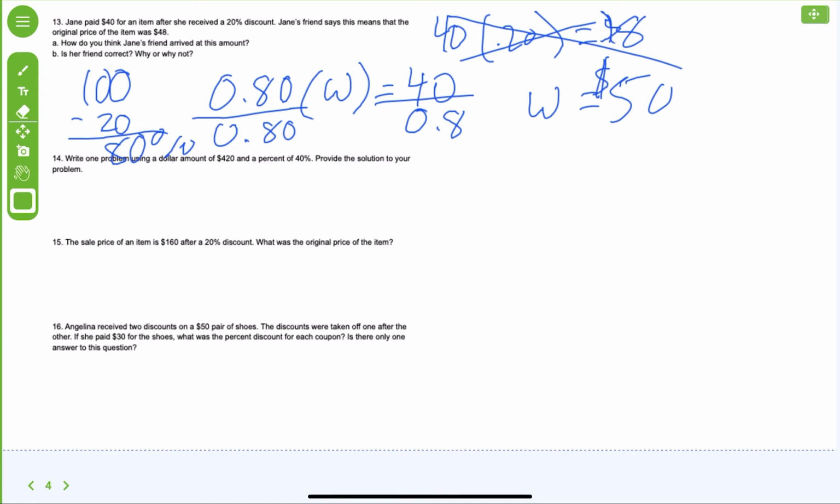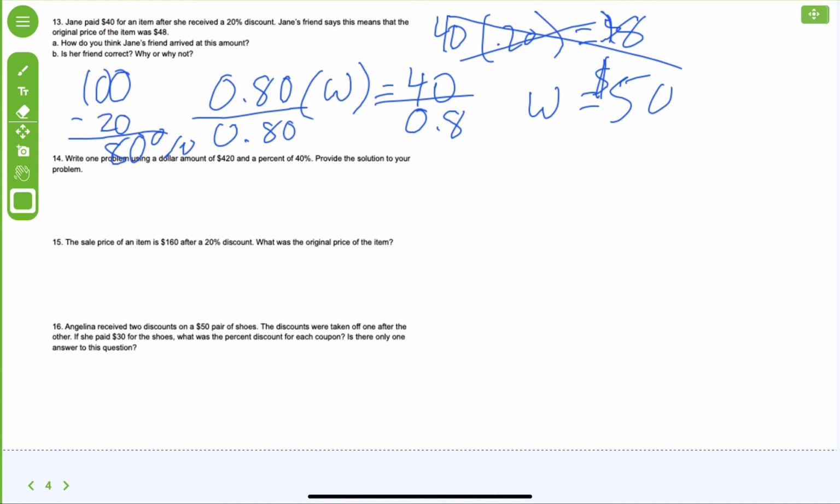14 says, write one problem using a dollar amount of $420 and a percent of 40%. Provide the solution to your problem. So, here's what you have to determine: whether the 420 is going to be the whole or 420 is going to be the quantity. Okay? So let's just use it as the whole.